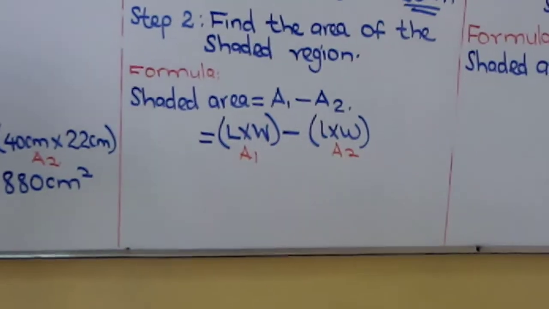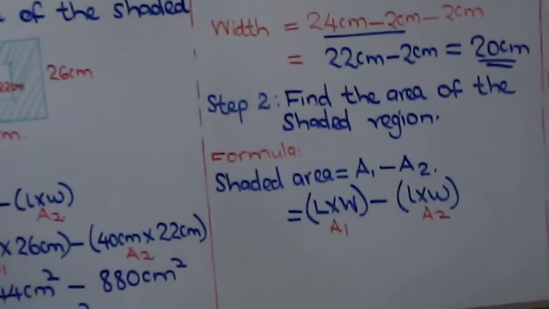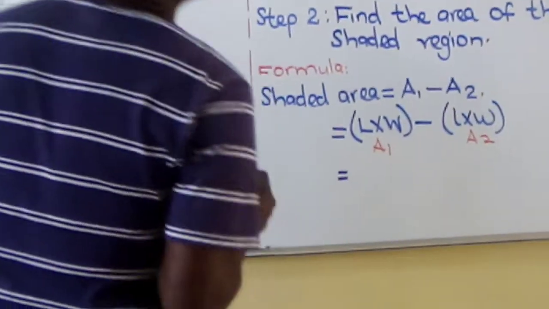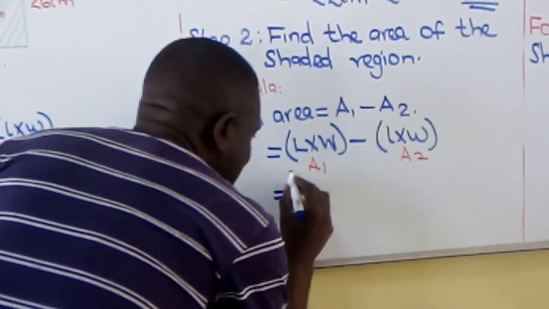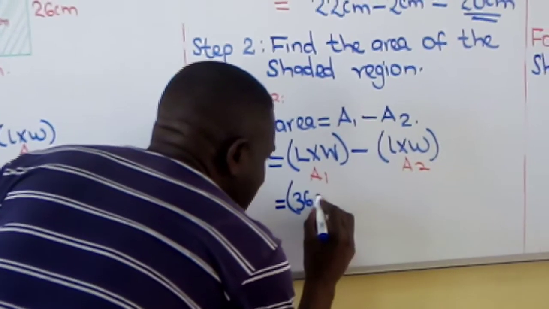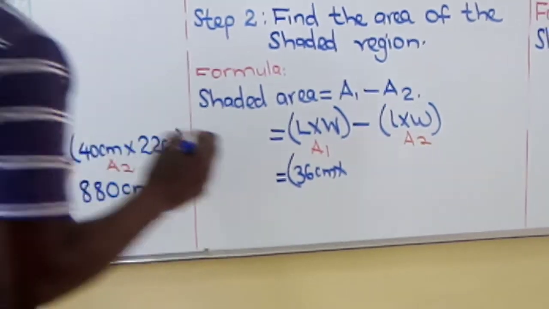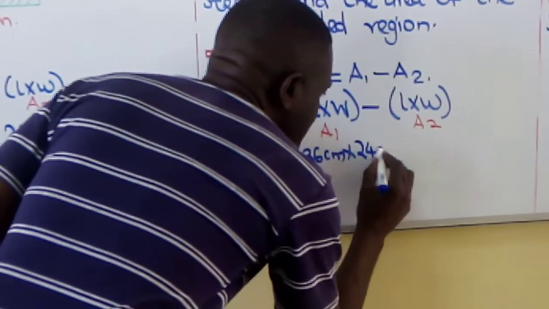We go on. What is the length and the width of the outer? The length of the outer is 36 centimeters, and the width of the outer is 24 centimeters.